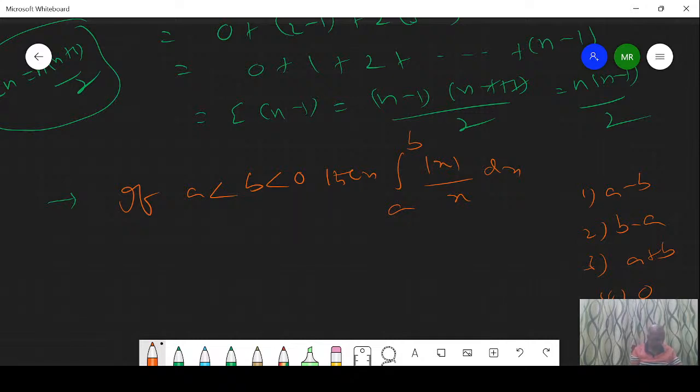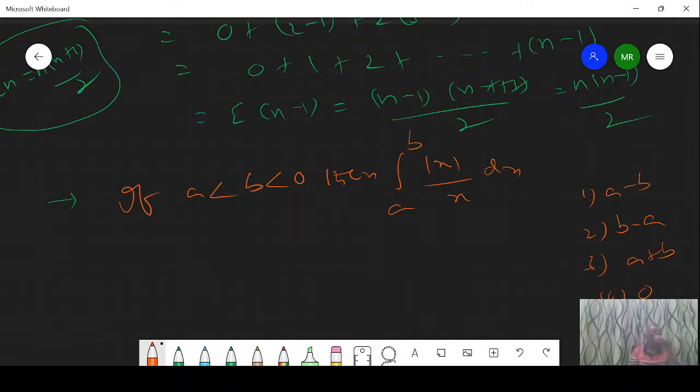So this is the given one. Now you can check this. How to do this one? Mod x by x dx, they are given a less than b less than 0, then the integral from a to b of mod x by x dx. Then you can decide the value of this. What does mod x by x become?